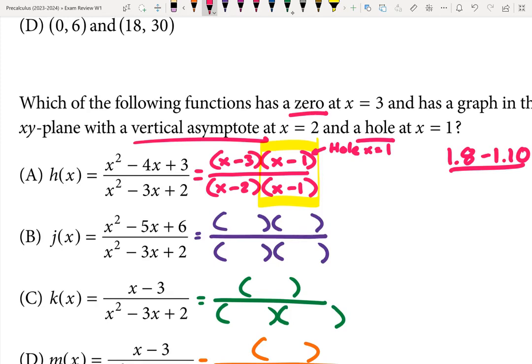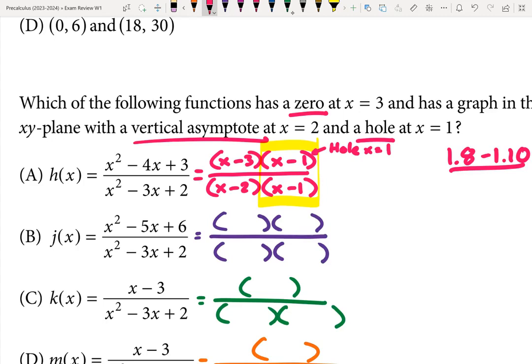So here's this one, x minus 2 equal to 0. Does that match? Okay, and then how do we find a zero? Set the numerator, x minus 3, equal to 0. Does that give us x equals 3? So does A seem to give us what we want? Yes, it does, and the answer is A.